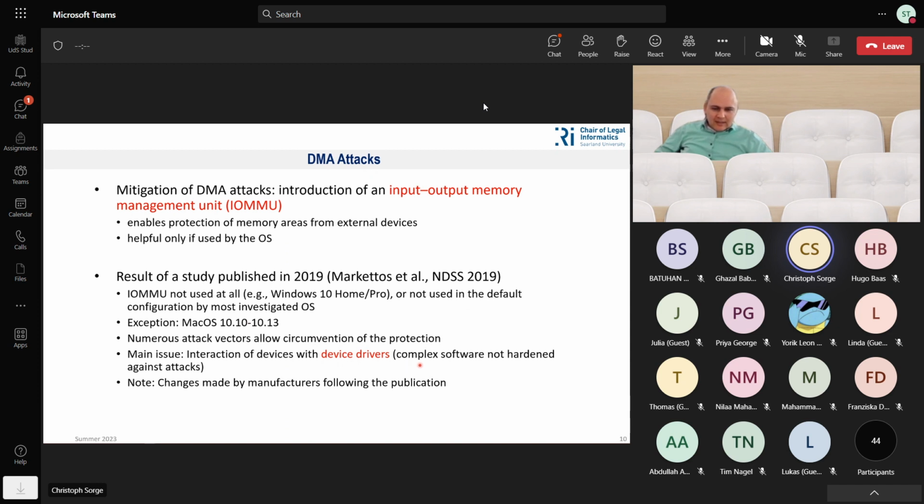So basically, you attach an external device. The device driver is either already installed in the system or might also be automatically installed when you plug in the external device. And then you exploit some security vulnerability in the device drivers, which are very common. And those will allow you to get access to the system.